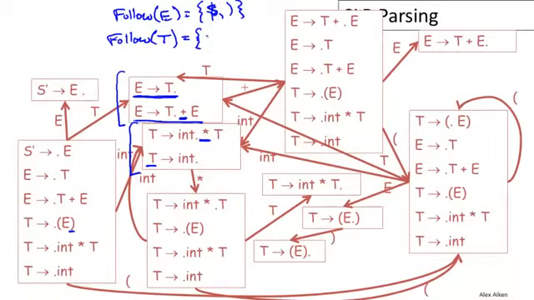And so I'll just tell you, it included everything in the follow of E. So $ and closed paren are in the follow of T, but also plus is in the follow of T because of this usage over here in the grammar where plus appears immediately after T. But those are the only things in the follow of T. And so now we're going to reduce only if we're out of input or if the next input item is a closed paren or a plus, and there's also no longer any shift-reduce conflict in this state. And so this grammar is an SLR(1) grammar.